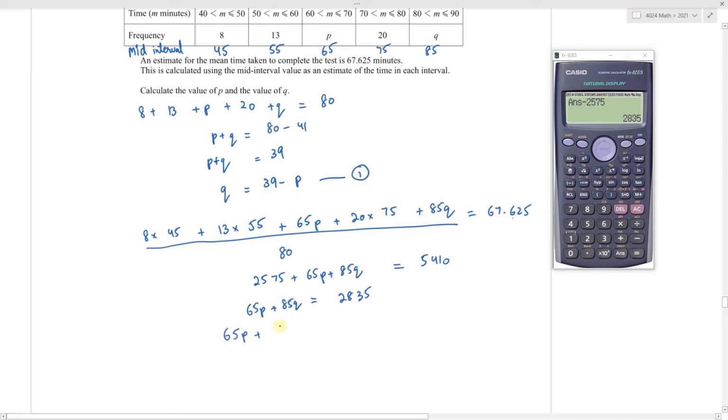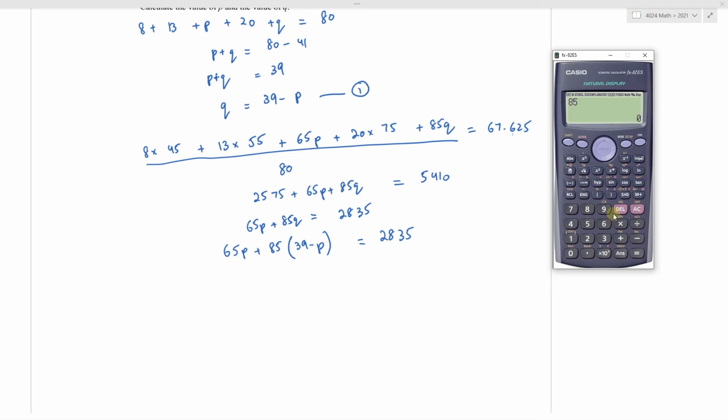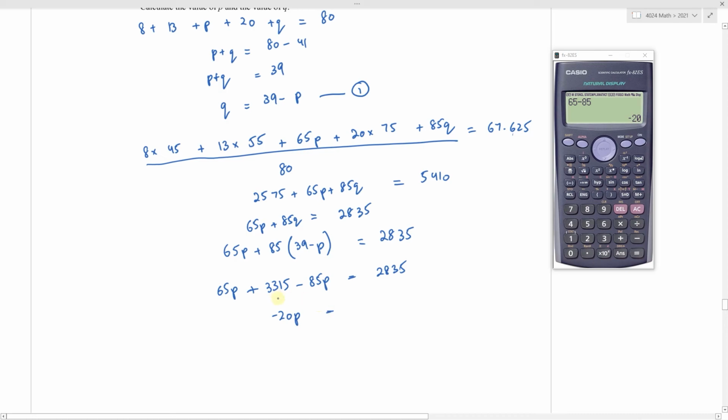Then I'll substitute Q from this equation here so that I can solve these two simultaneous equations. 65P plus 85 times Q, which is 39 minus P, equals 2835. 85 times 39 is 3315. So 65P plus 3315 minus 85P equals 2835. So 65 minus 85 is minus 20P, and I take this to the other side. 2835 minus 3315 is minus 480.